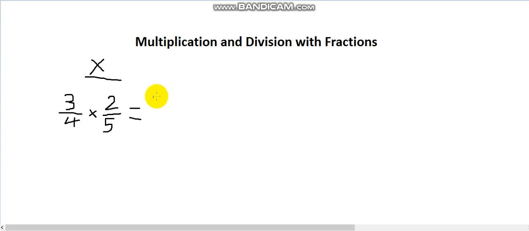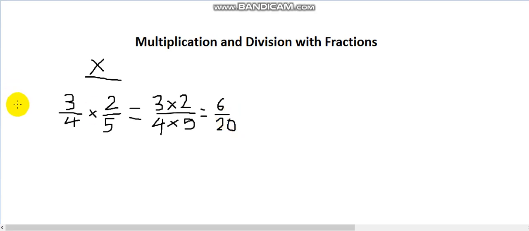So that would be 3 times 2 over 4 times 5. 3 times 2 makes 6, and 4 times 5 makes 20.